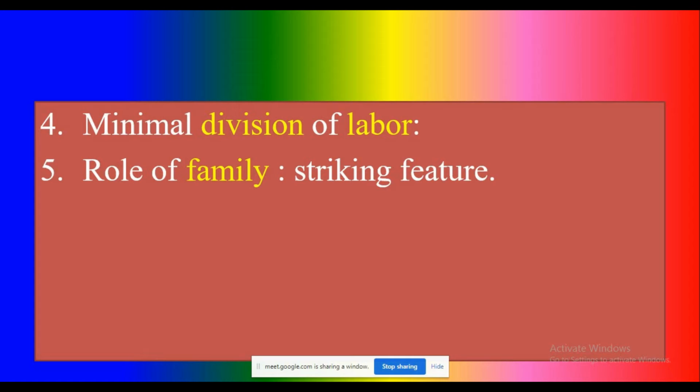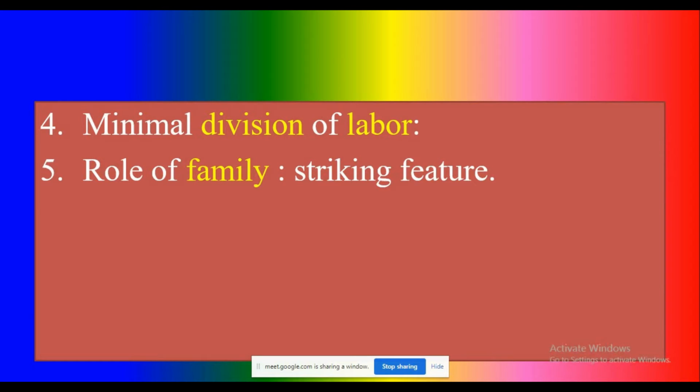Fifth one, role of family, having striking features. The family members are closely related and live peacefully, mainly in the joint family system.